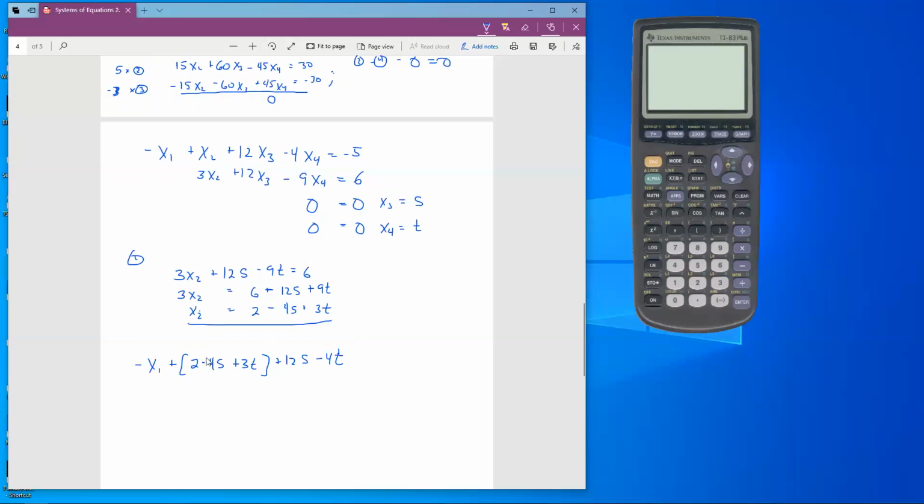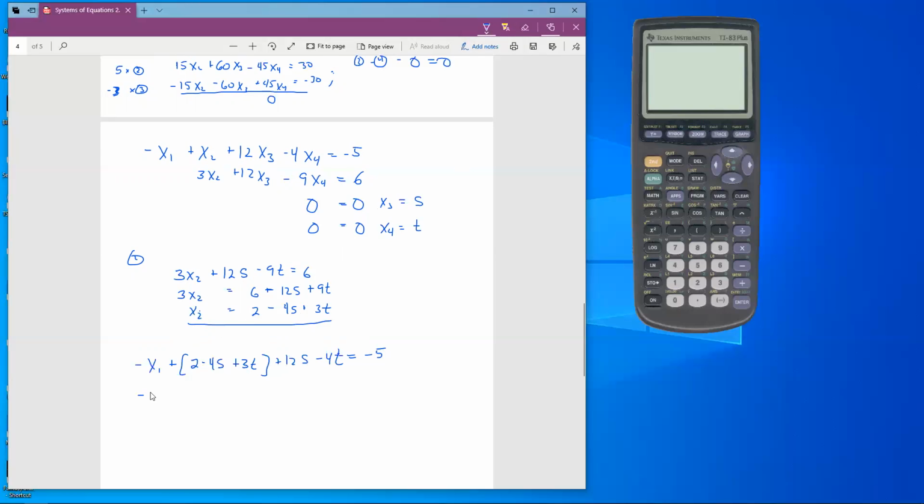Let's go ahead and ditch that. All right, so 2 minus 4s plus 3t, and then we have our x3, which is 12s, and our x4, which is minus 4t. And this is equal to what? This is equal to negative 5, going all the way back at the beginning.